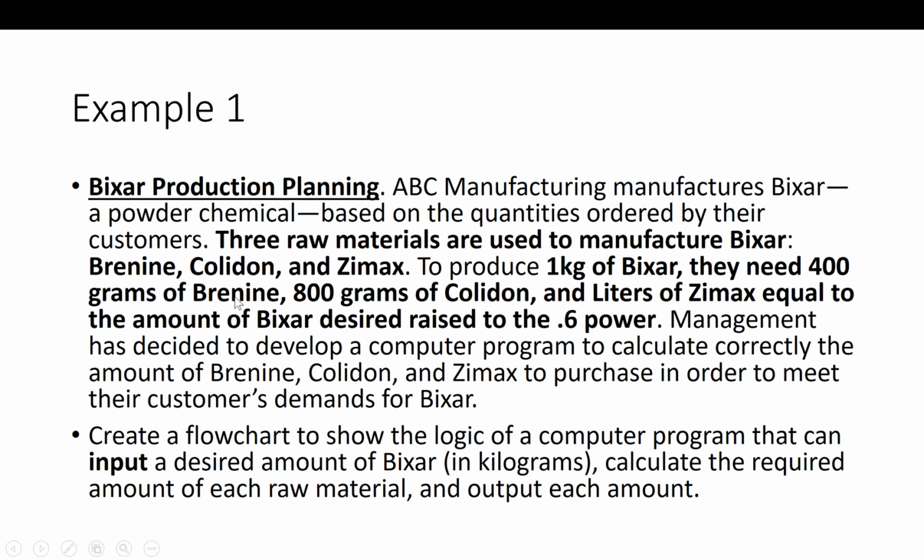That means Brennan equals 0.4 times pixar. So basically I solved that one. The second one, which is collidin, will equal 0.8 times pixar, and so on. So you get the idea now. So this is basically my output.